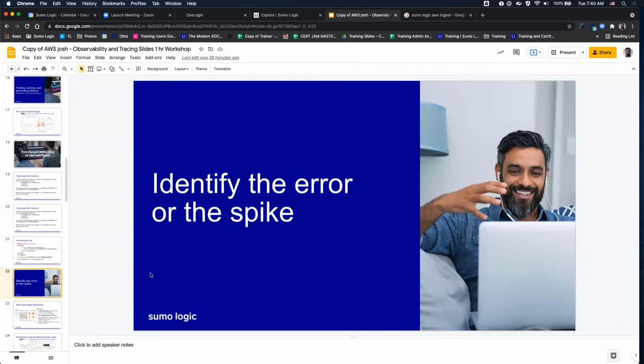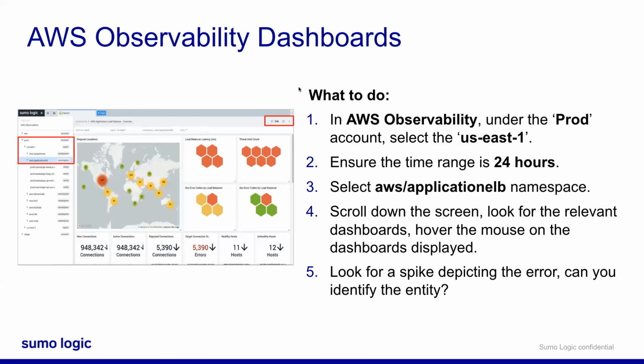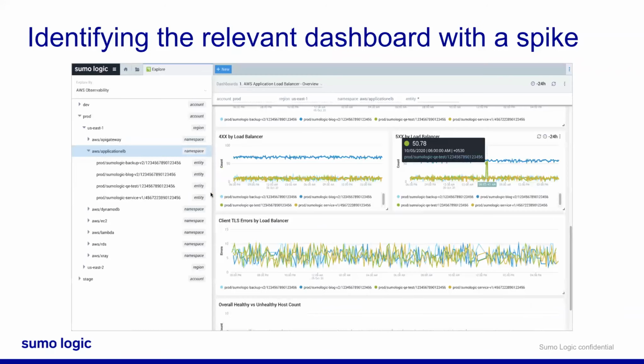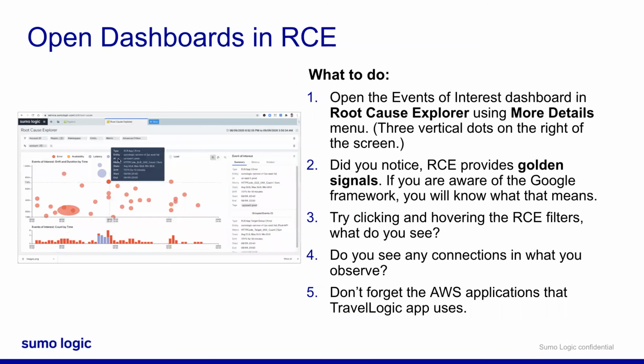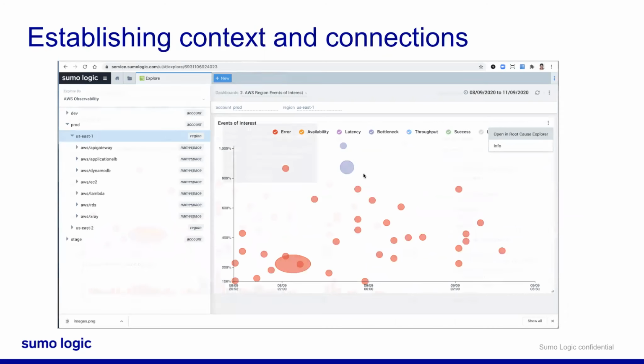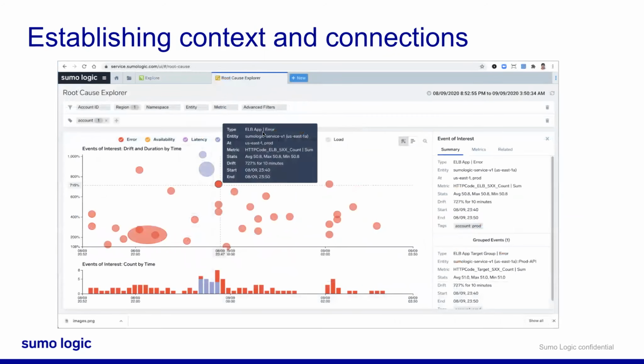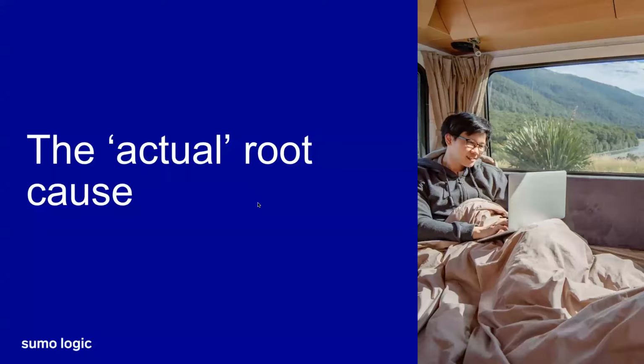So what we attempted to do is identify the cause of the spike. We looked at the AWS observability, as we see right here. We started to look at that 500 error, looking at that specific dashboard that had the spike. Then what caused the outage, which we were trying to show through the root cause explorer, is those ELB app errors.